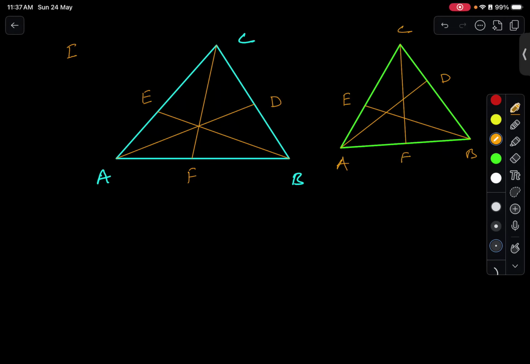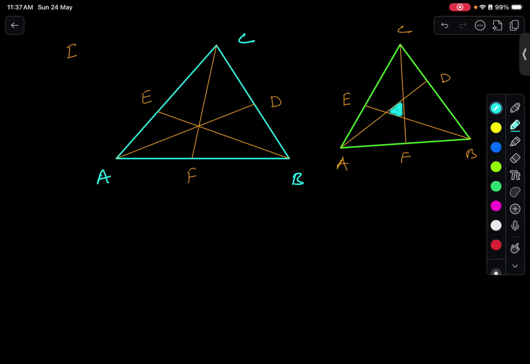This time we are just making the Cevians, but they are not concurrent. Some small triangle is inside.